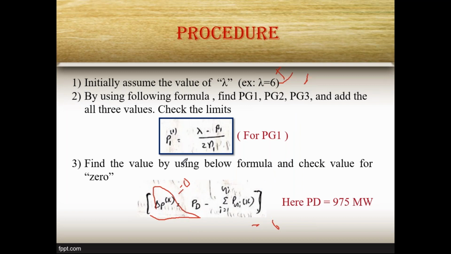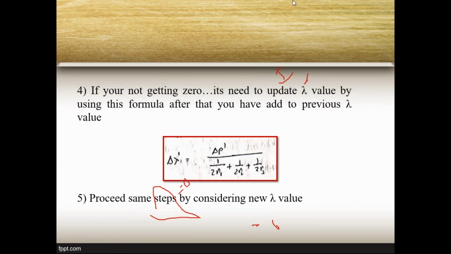At that time, we have to go for the 4th step for updating the lambda value. Why? Because the previous lambda value is not correct, because we are not obtaining the 0 value. It means the lambda value needs to be updated. We can update it by using this formula. Here delta PA is this value.